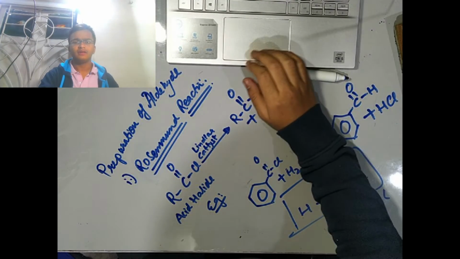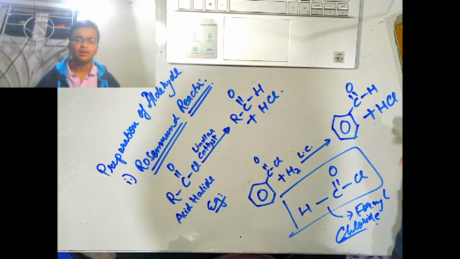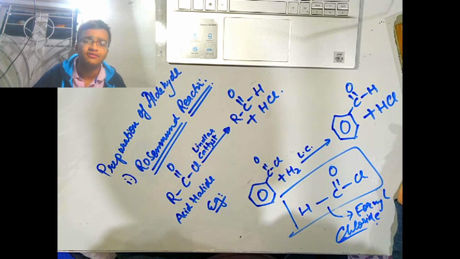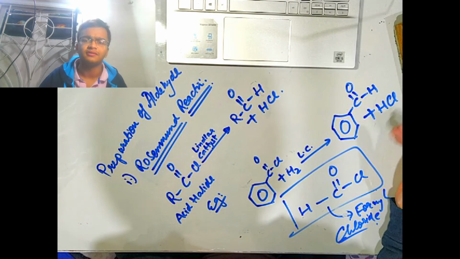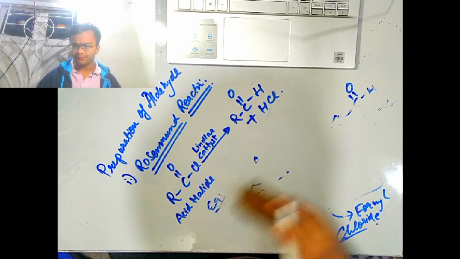Now next I will come back again and discuss the Stephen reaction, which is another method for the preparation of aldehyde, rather an exclusive method for the preparation of aldehyde. So for that, I clear out my space.